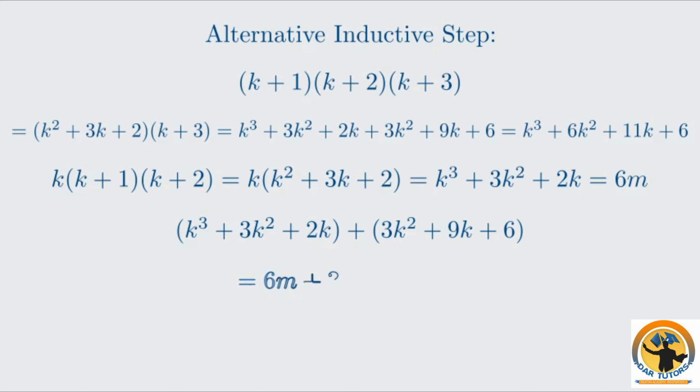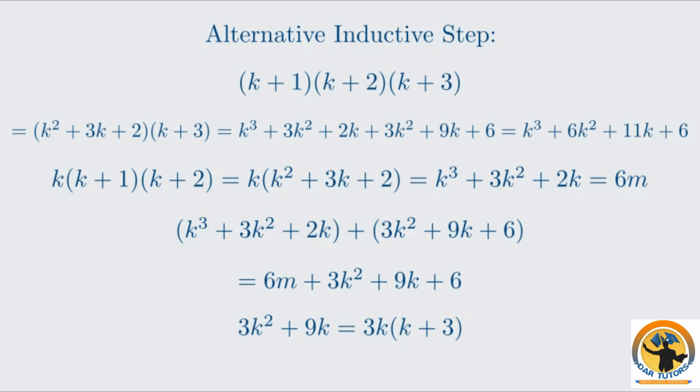So we have 6m plus 3k squared plus 9k plus 6. We know 6m is divisible by 6. We also know 6 is divisible by 6. We just need to show that 3k squared plus 9k is divisible by 6. Let's factor out 3k. This gives us 3k times the quantity k plus 3. We need to show that 3k(k+3) is divisible by 6.